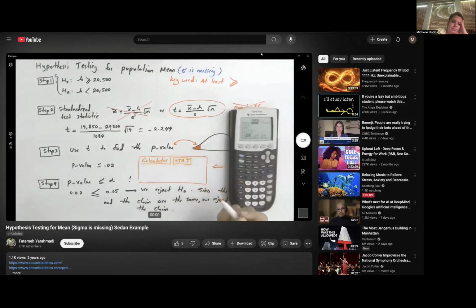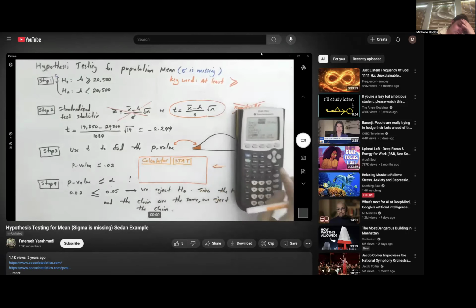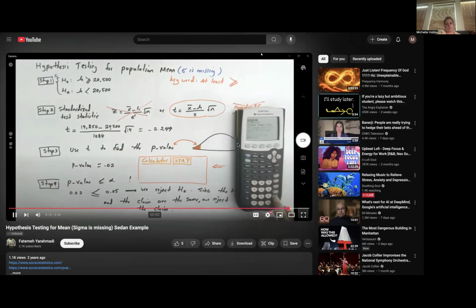Okay, we already selected this. So let me just erase the whole thing. I think my calculator needs to be reset. Second plus. And let me go to reset, all RAM, reset, and second plus. Reset the defaults. Perfect. So go to stat, go to tests.